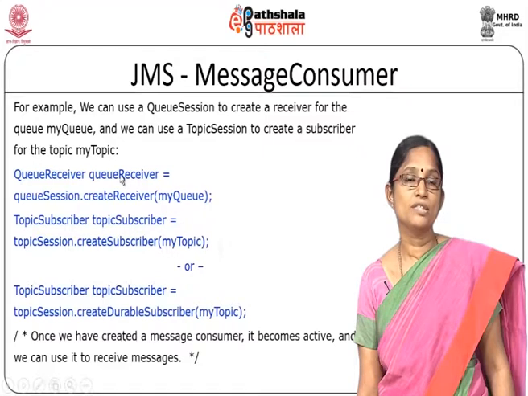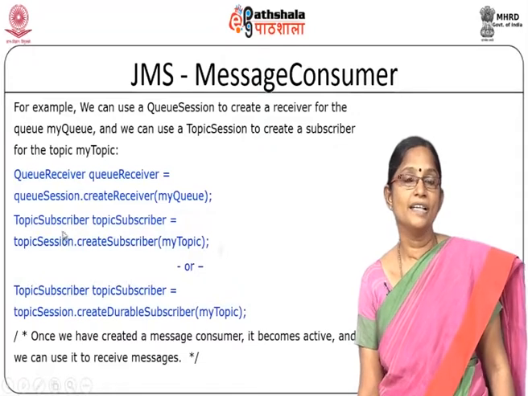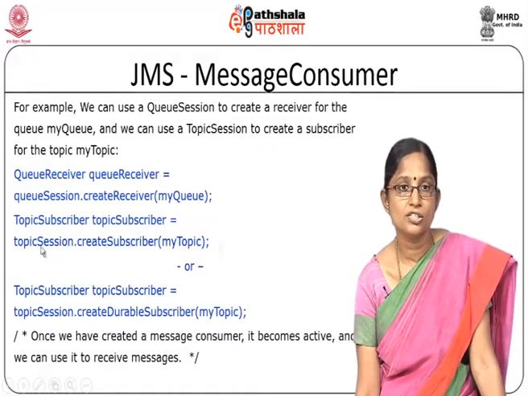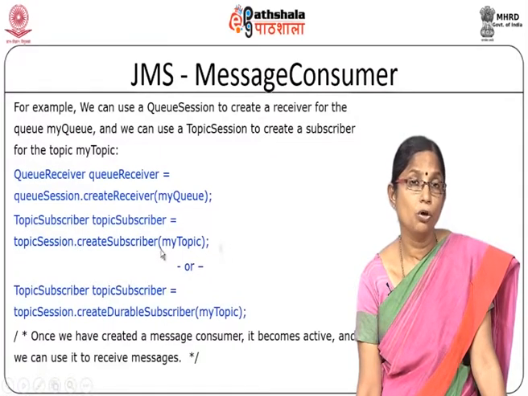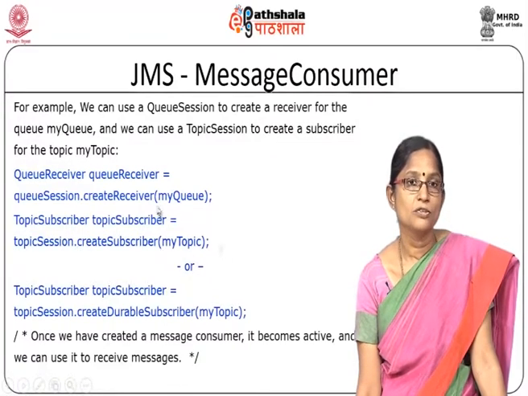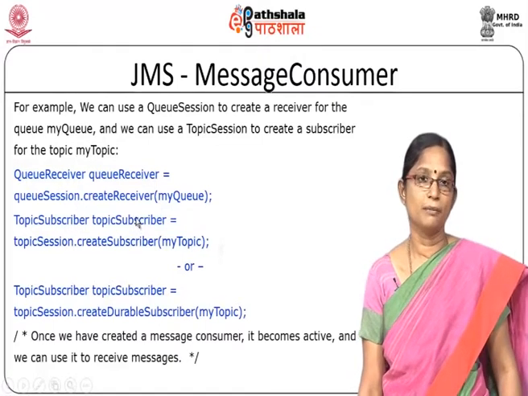Suppose instead of queue receiver, we want to make it particular to a topic, then we can create a variable called topic subscriber. Here topic subscriber is going to be the message consumer. The topic subscriber again has to be created from the session called topic session. In the topic session, we call the create subscriber method. So, either we can follow the queue receiver or the topic subscriber.